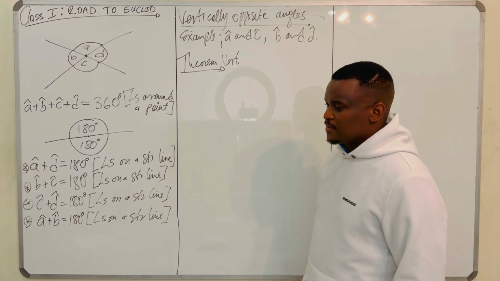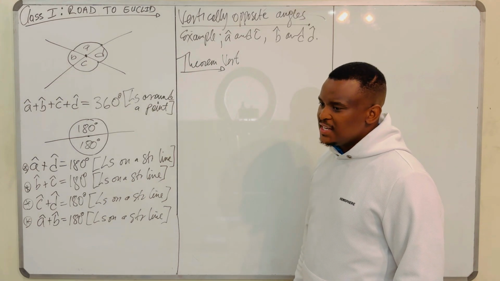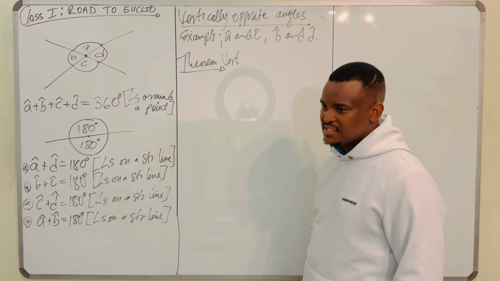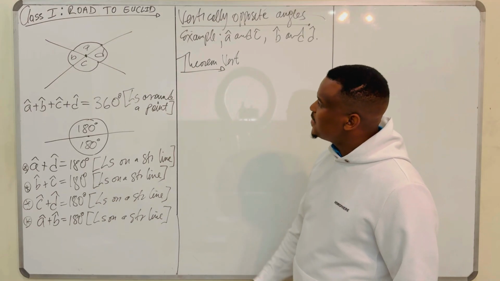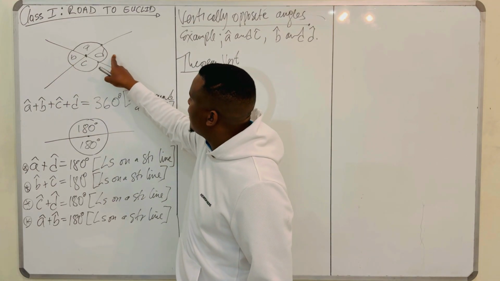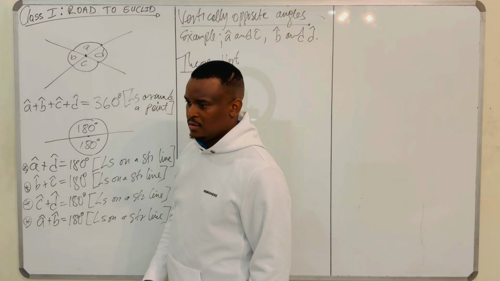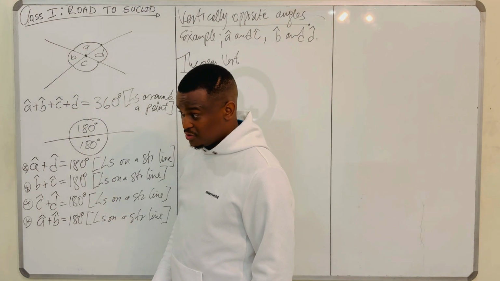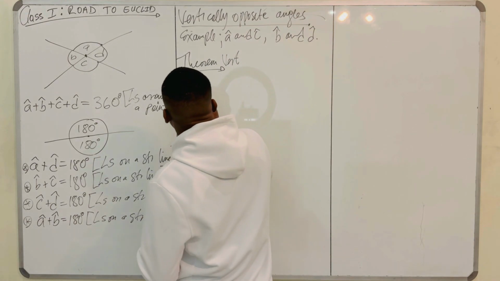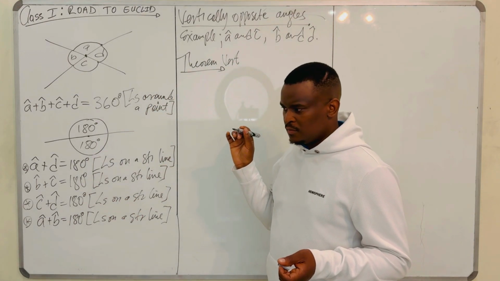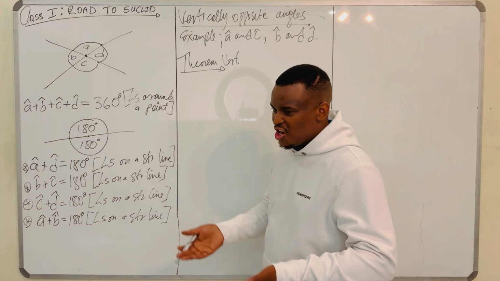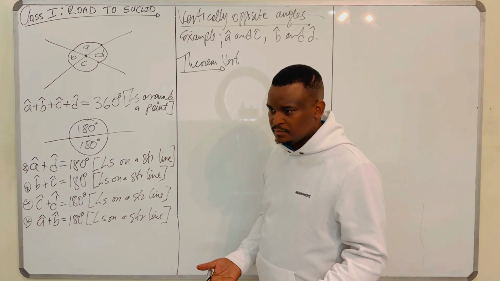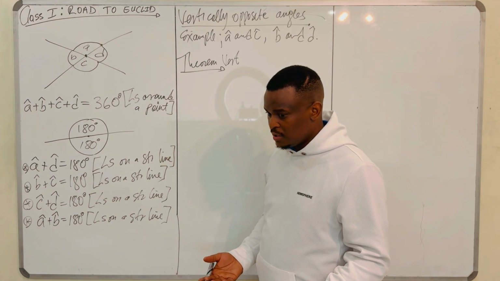On theorem VET, I'll state that if you have two intersecting lines, vertically opposite angles are equal. Which means this angle is equal to this one, and this angle is equal to that one. Are you guys with me? Yes. You don't have to know the proofs. I just want you to know the theorem and be able to use it. That's all I want.